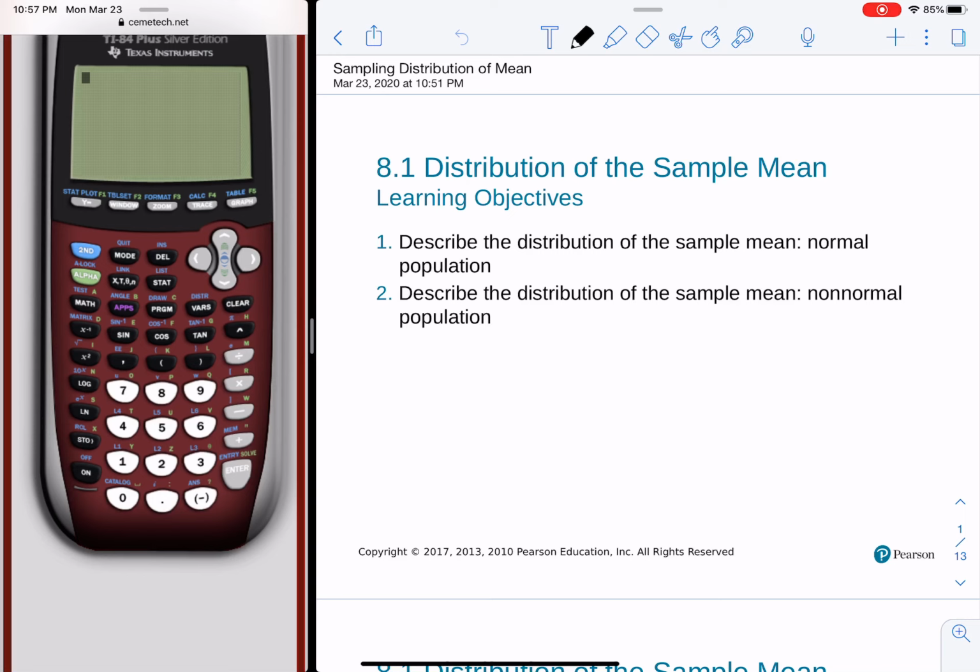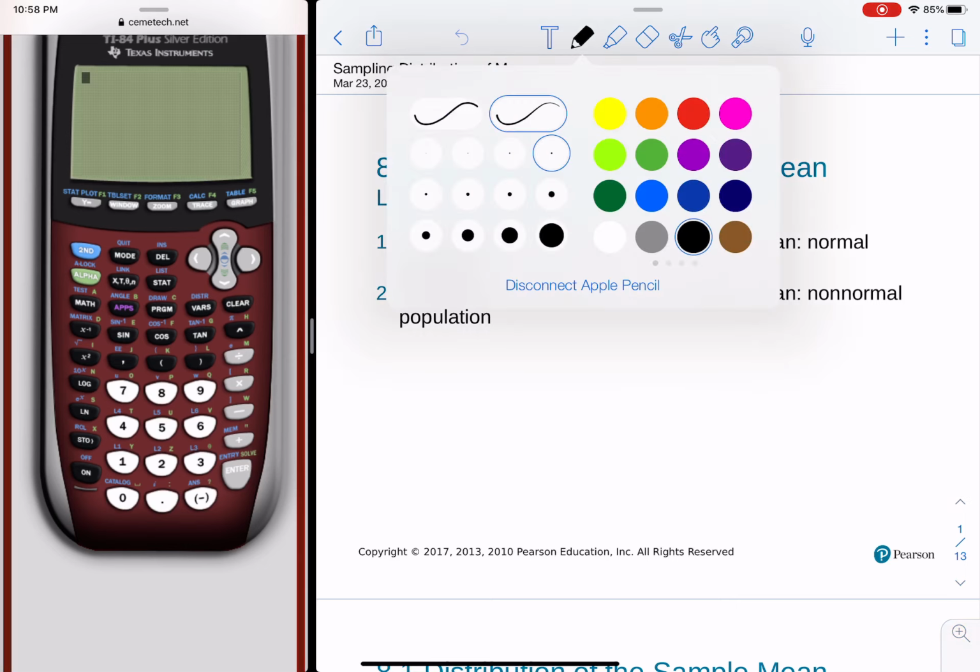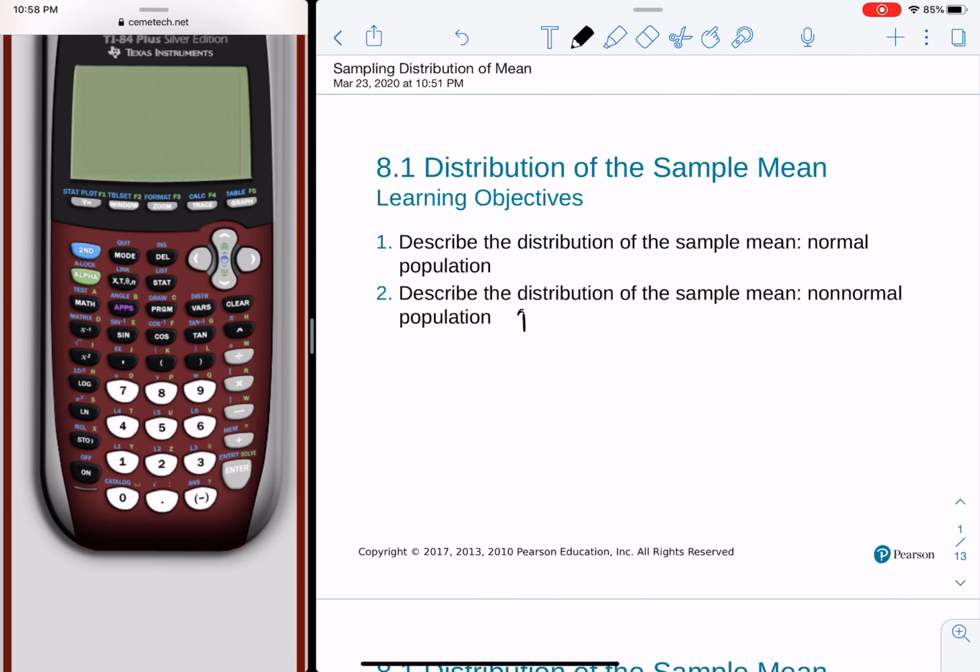The non-normal population case is when we have a really large sample size, and we make use of something called the central limit theorem.